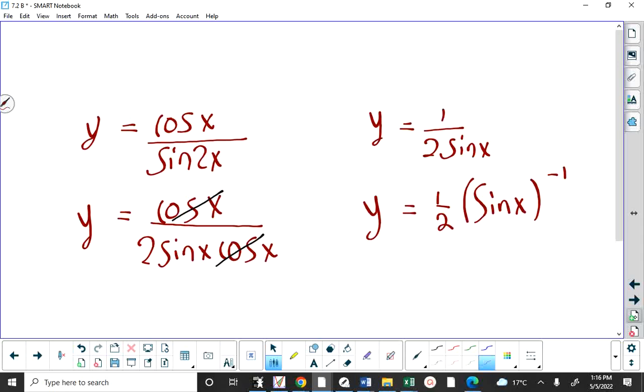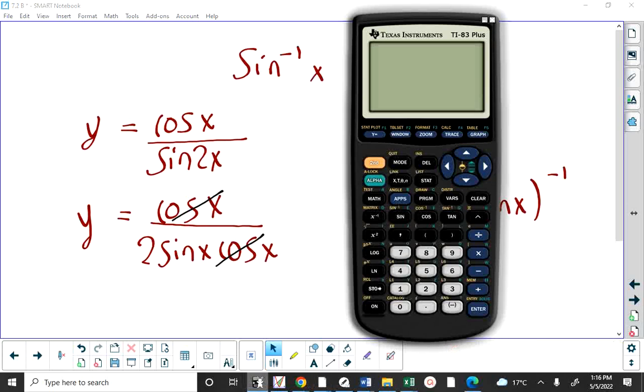You know how we put exponents right next to the sine or right next to the cosine? You don't want to do it when the exponent is negative 1. Because if I write that as sine to the negative 1 of x, that has a special meaning. It's the inverse sine. That sine to the negative 1 on your second sine function on your calculator does not mean an exponent. So I would avoid that.